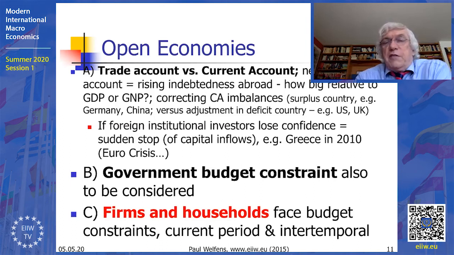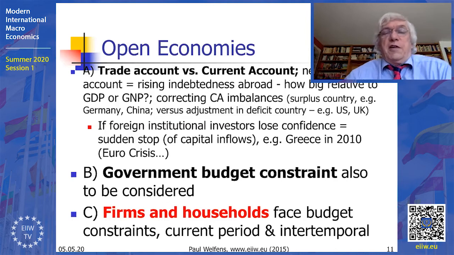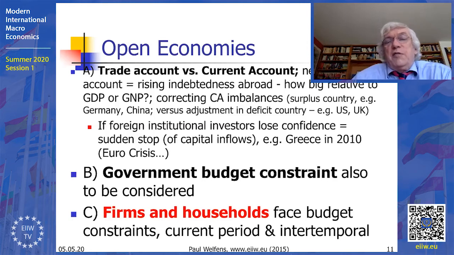Okay, the government budget constraint has to be considered. That's, I think, an interesting equation where one often sees only income tax revenue on the revenue side. But now we have also value-added taxation, and I think in Europe, in China, in many other countries, we have VAT rates, so that has to be also considered.